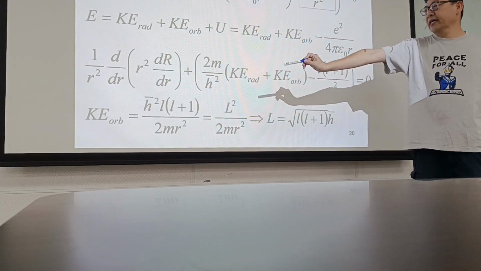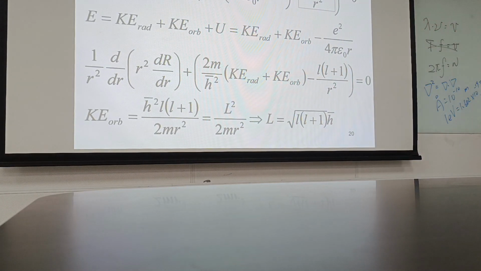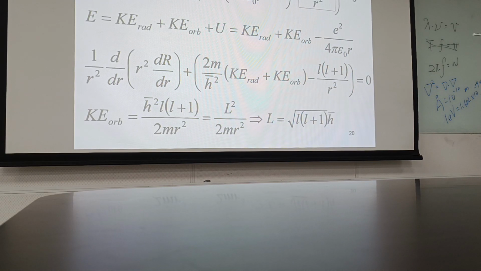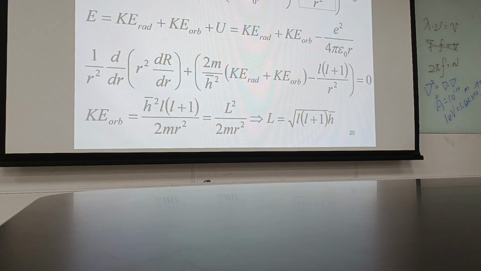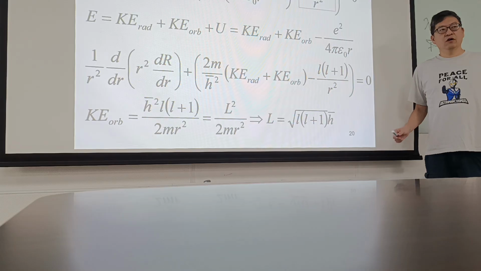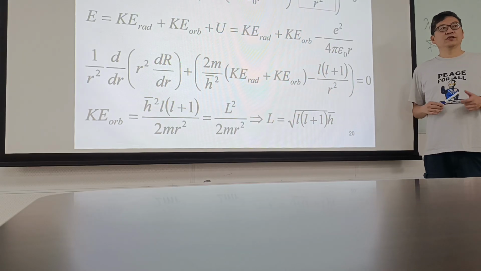So we know that Ke orbital needs to become h bar L times L plus 1 divided by 2n R squared. We call this the orbital potential or orbital kinetic energy.